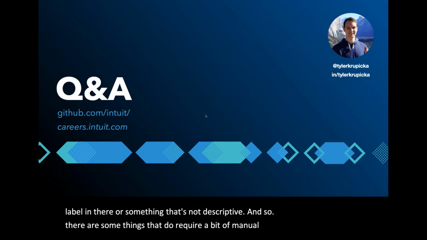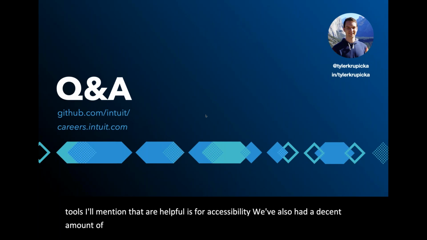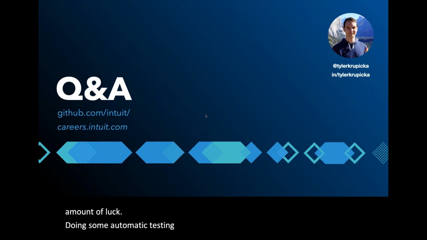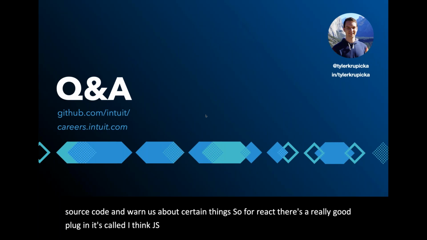Some of the other tools I'll mention that are helpful for accessibility: we've also had a decent amount of luck doing some automatic testing with linting tools, actually. So tools that read our source code and warn us about certain things. For React, there's a really good plugin called, I think, JSX-A11Y, so JSX accessibility.